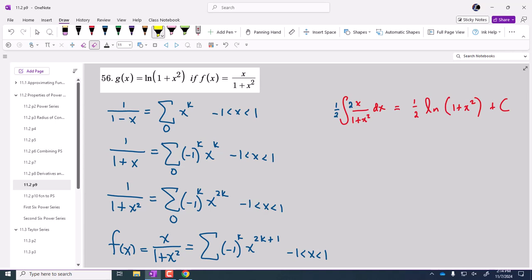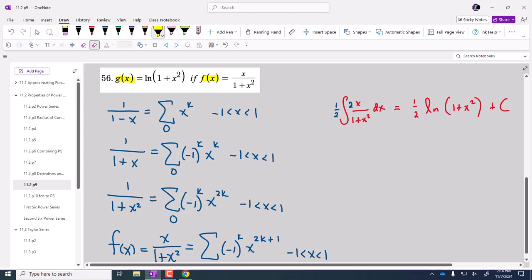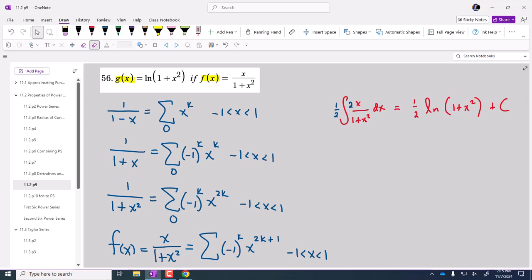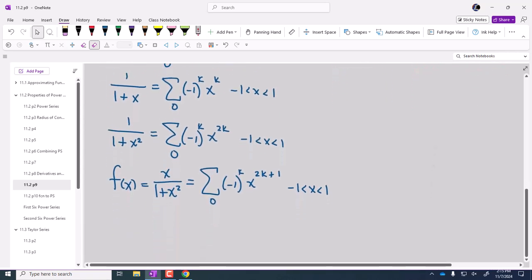So here we want to get a power series for g given this function f, for which we can find a power series really easily. To build the power series for f, we have the known power series for the geometric series. We replace the x with a negative x, which creates an alternating geometric series. The interval of convergence will be the same.